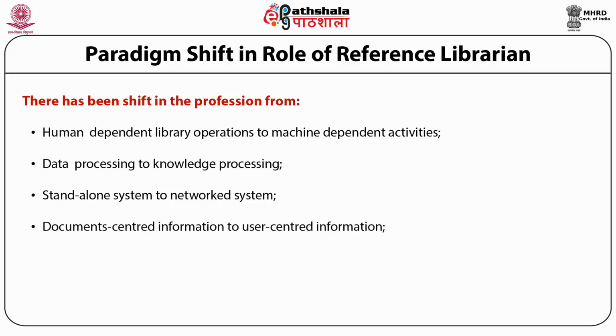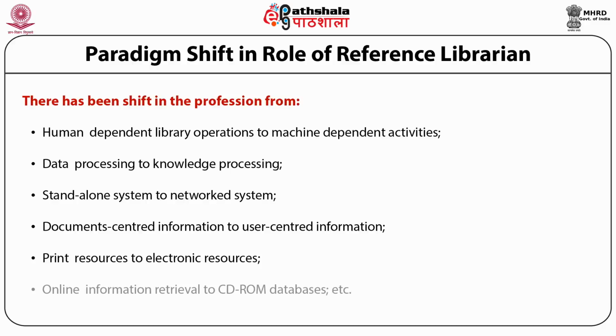Shift from document-centered information to user-centered information. From print resources to electronic resources. From online retrieval system, from online information retrieval to CD-ROM databases, and so on. These are some of the shifts which are happening in the library and information profession.